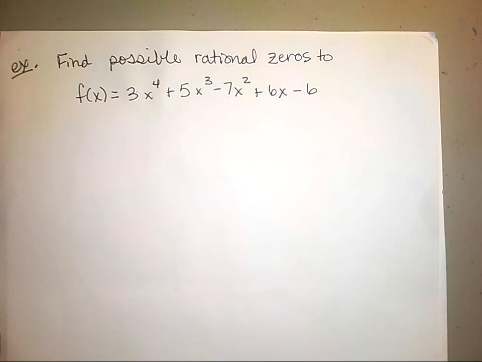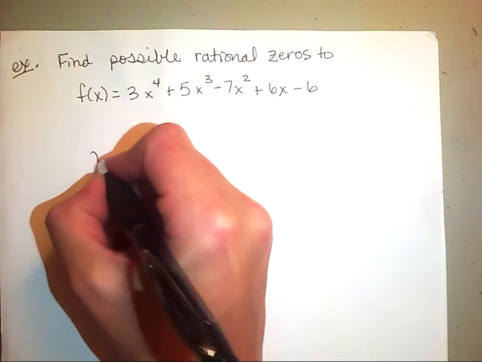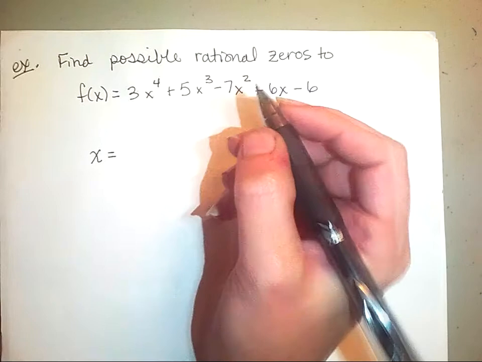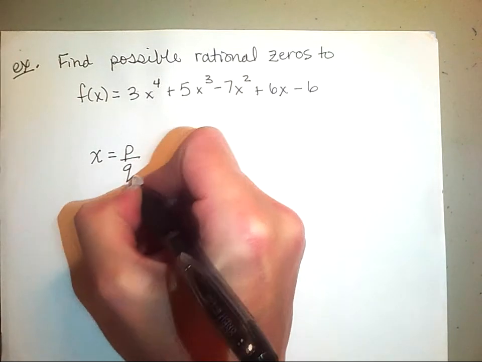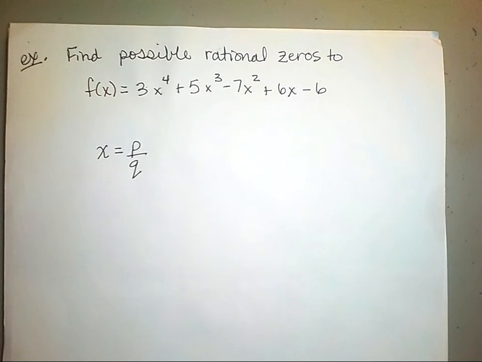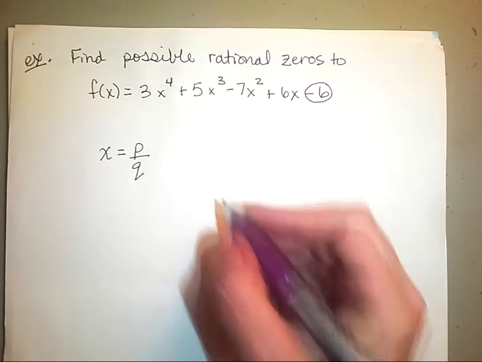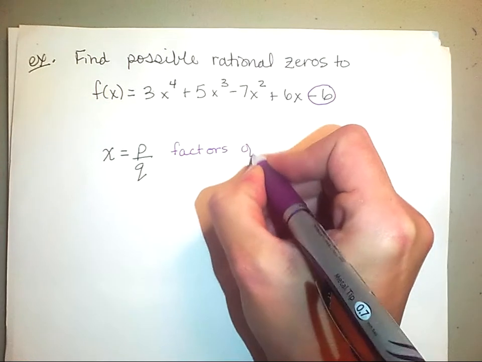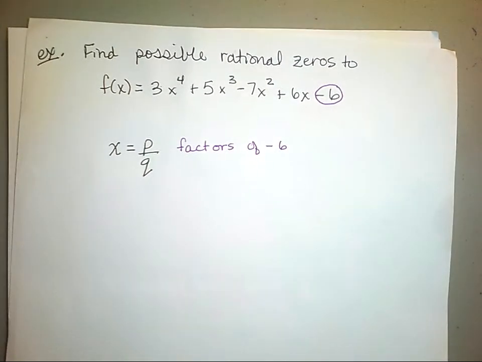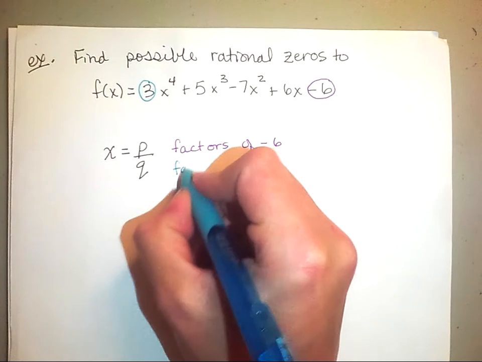If there's a rational zero, it will have to take the form p over q, right? Where p is going to be a factor of -6, and q is going to be the factors of the leading coefficient, which is 3.